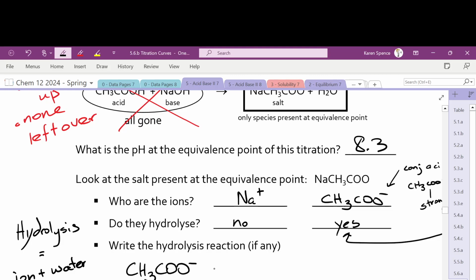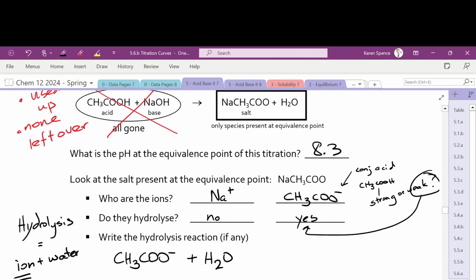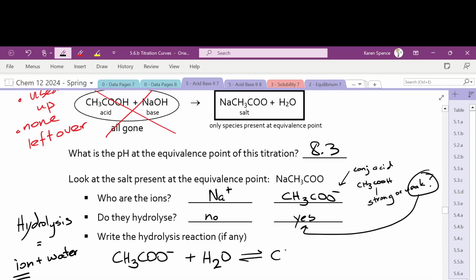So you have the ion and you have water. Who are the products? CH3COOH plus OH-. So is this solution acidic, basic, or neutral? It is basic. How do you know that it is basic? Because it made hydroxide. Excellent.